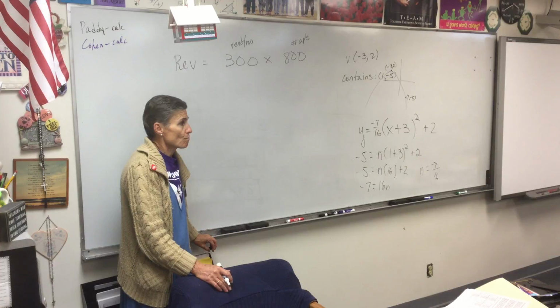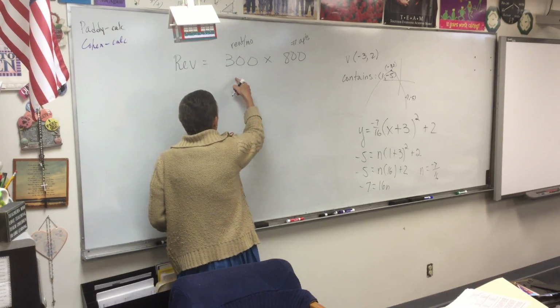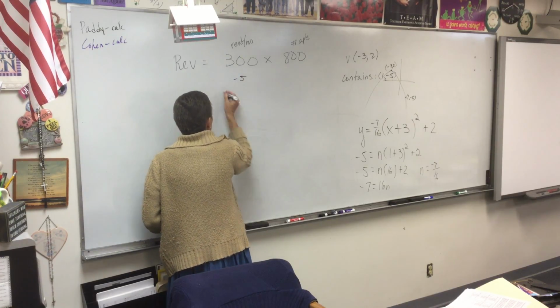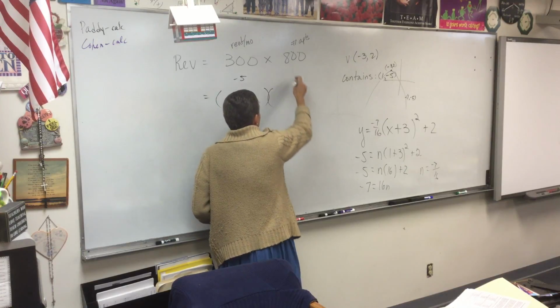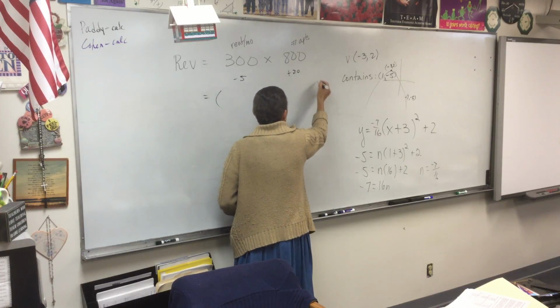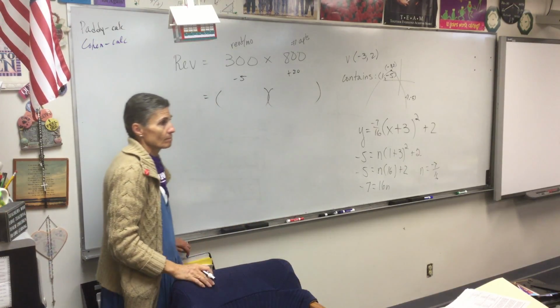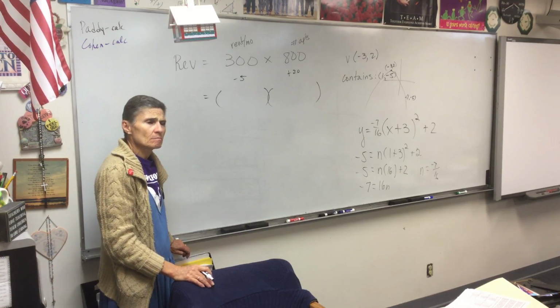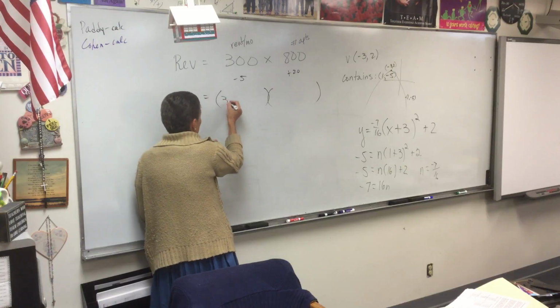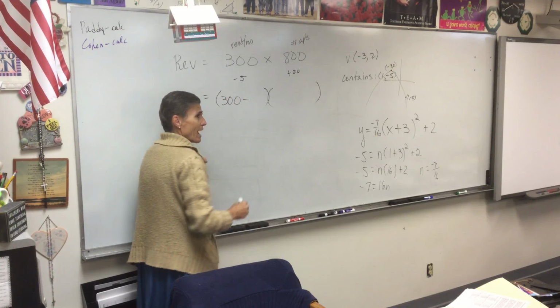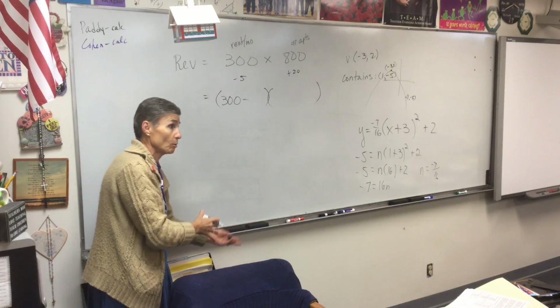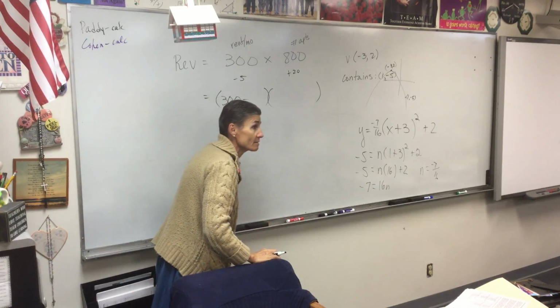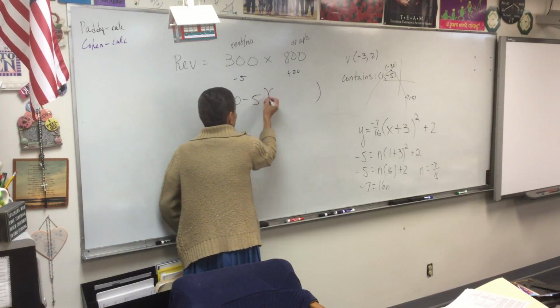Let's see. Our rent is going down 5 a month, and our apartments are going up 20 a month. How could I express that? I'm going to start with my 300 and I'm going to subtract. I'm lowering the price. What am I subtracting, Thomas? 5x.